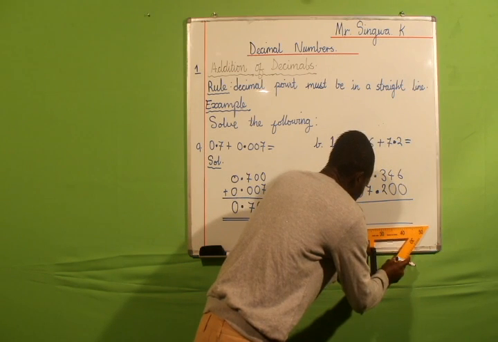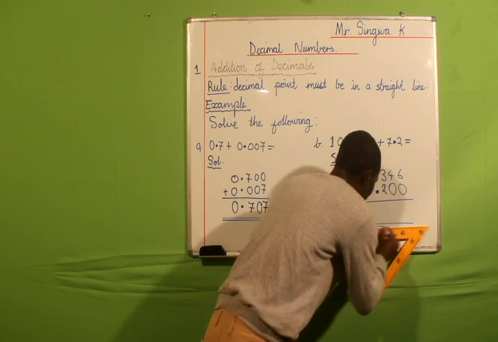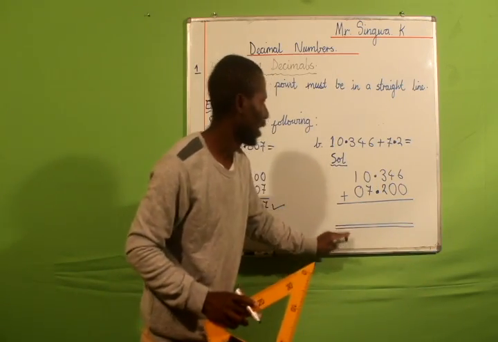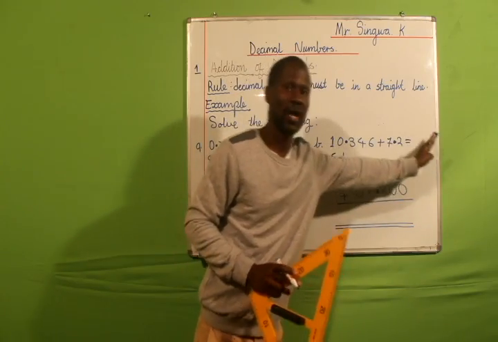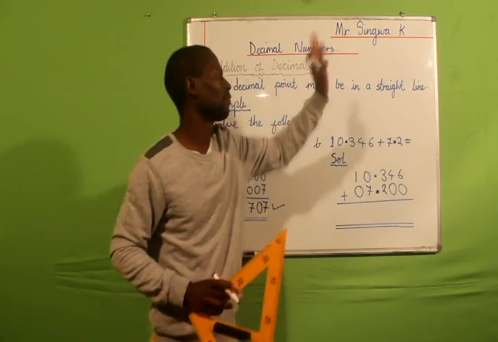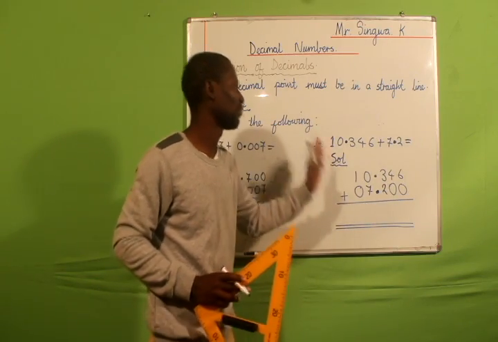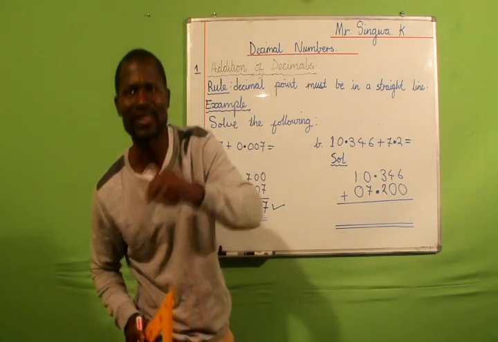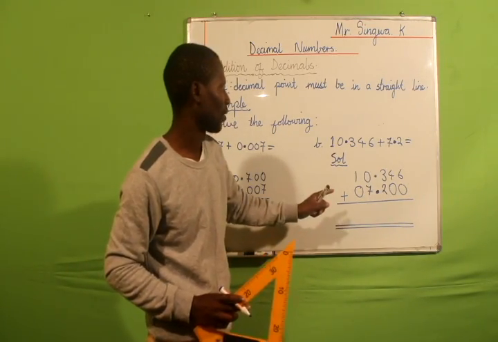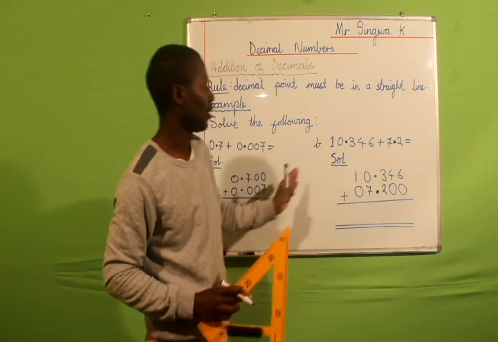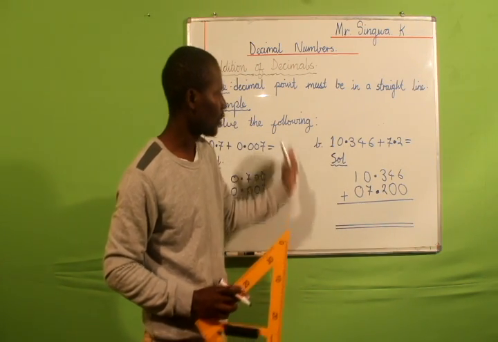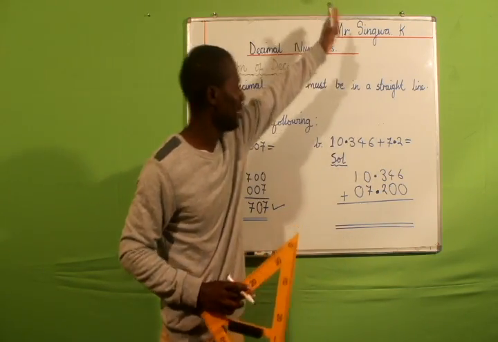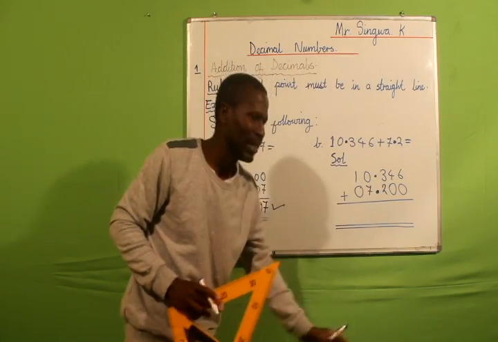I'm doing 2 lines in between here so that you understand I'm ending here, unless you are given another figure to add on. Even when you are given 15 figures to add on and have got decimals, understand which one is a whole number and which one is a decimal or fraction number, and put the decimal points in a straight line.